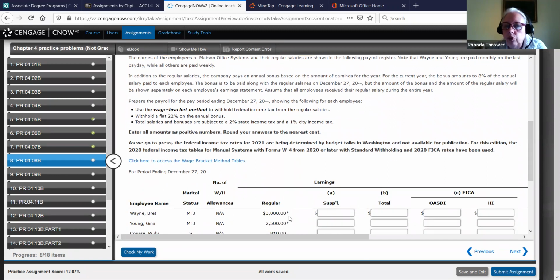And so what we would do is we'd take 3,000 and multiply it by 12 months. The annual salary for Brett Wayne is $36,000. That's the annual salary. We'll multiply it by 8%.